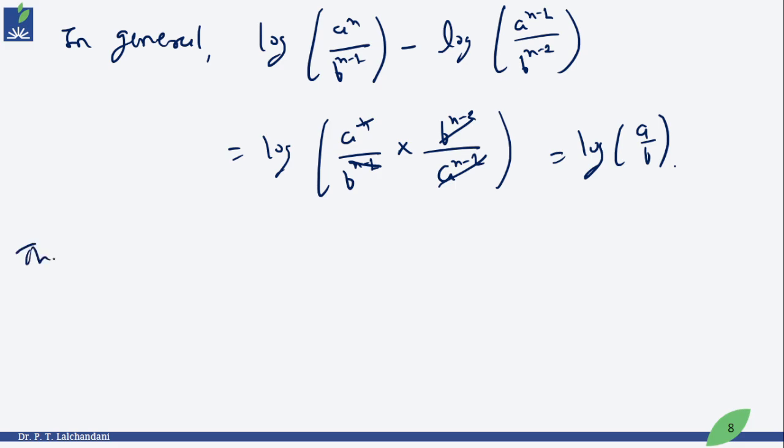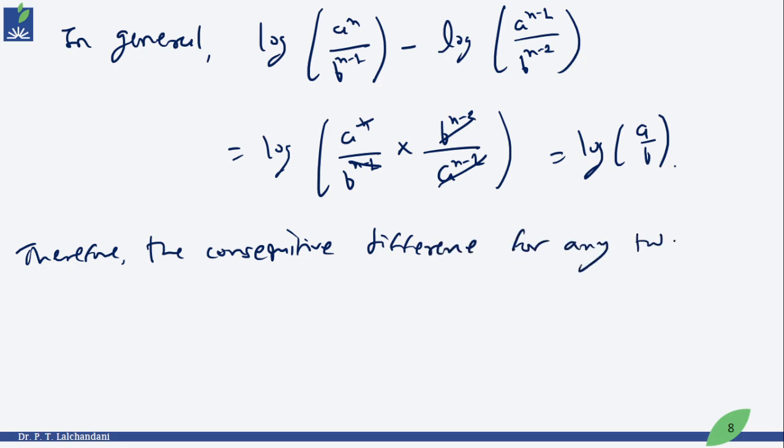Therefore, the consecutive difference for any two terms is log a upon b.